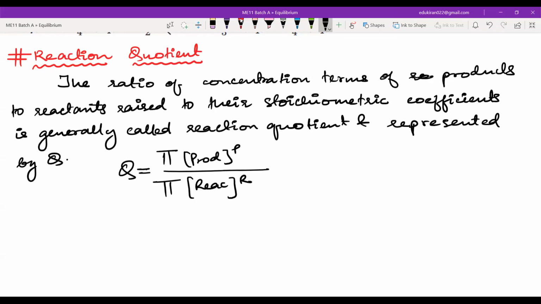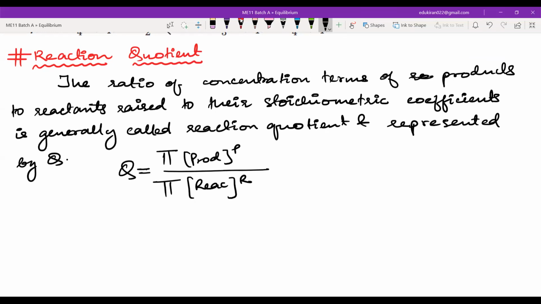But if the concentrations are changing and the reaction has not reached equilibrium, then at that point of time, when we calculate the ratio of concentration terms of the products to the reactants raised to their stoichiometric coefficients, that is known as reaction quotient.